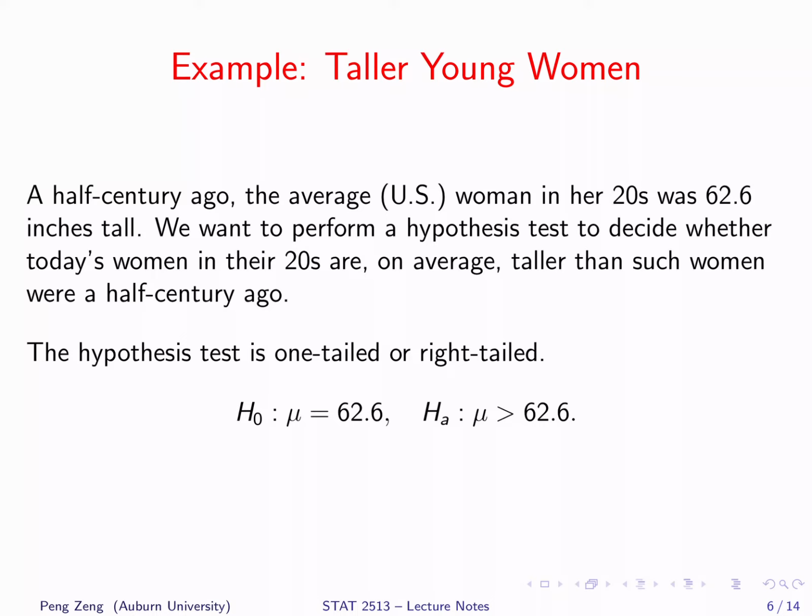In this problem, the question of interest is whether today's women are taller. Pay attention to the word taller. It indicates larger. Therefore, the alternative hypothesis is mu larger than 62.6. Why not use a two-tailed test? In this case, we are confident that there is no way that today's women will be shorter than a half century ago. Therefore, we use a right-tailed test.